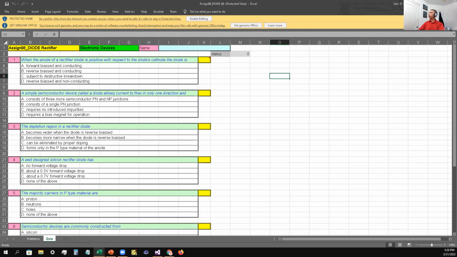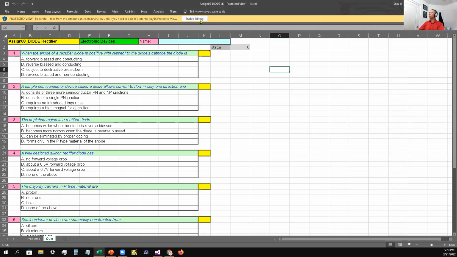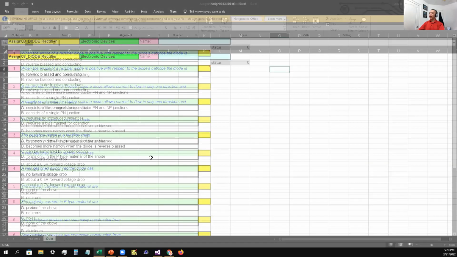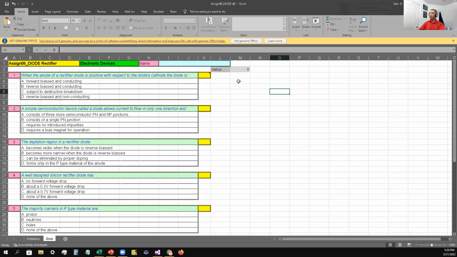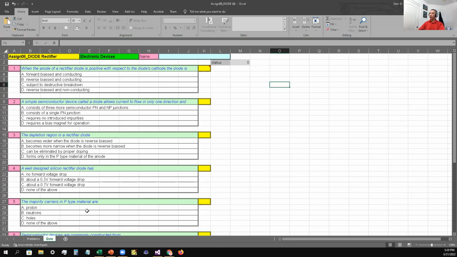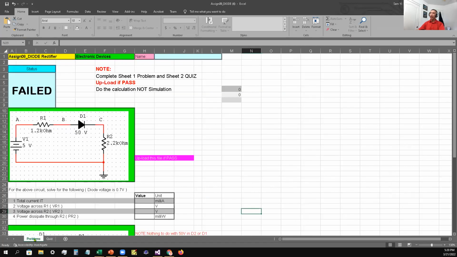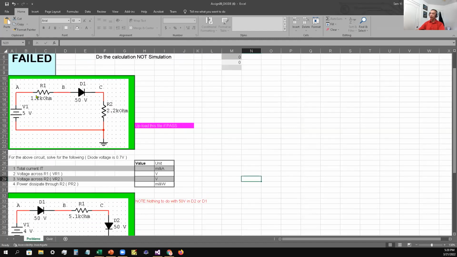When you open it up, you will get into this main page, and there are 2 parts to it. There's a quiz part, and on the lower bottom, it says problem. You click on that page, and here you have to do this calculation, okay?